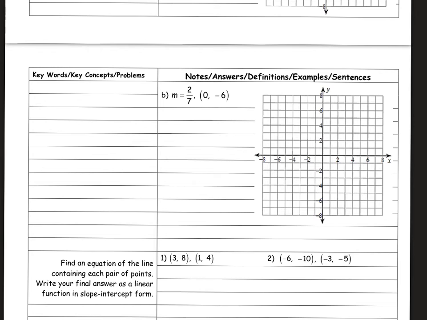So I've got y plus 6 equals 2/7 times x minus 0. So y plus 6 equals 2/7 x, minus 6 minus 6. So y equals 2/7 x minus 6, where m equals 2/7 and b equals -6.